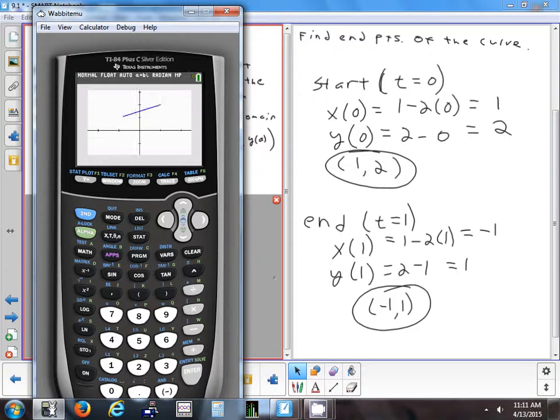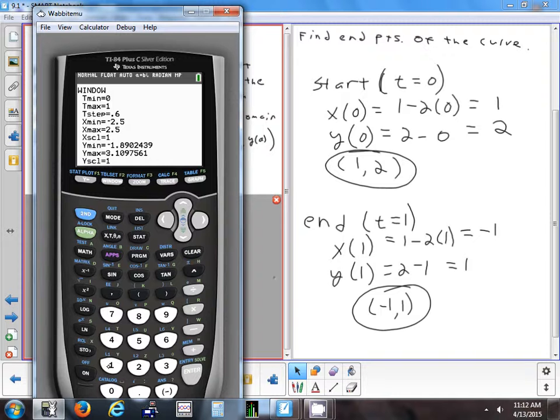See how it stops on that endpoint a little bit before negative 1? It's because the t-step you picked doesn't go into the endpoint of the curve. It'd be even worse if you pick something like 0.6. Now it's going to graph 0, 0.6, and then the next one would be 1.2. So now you're losing a whole bunch of your curve.